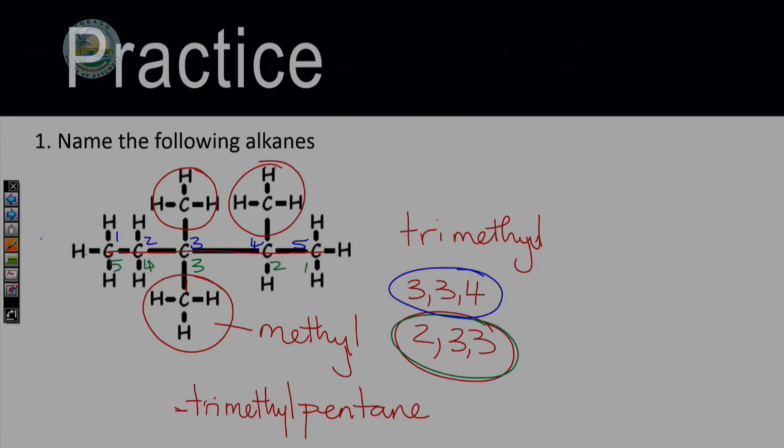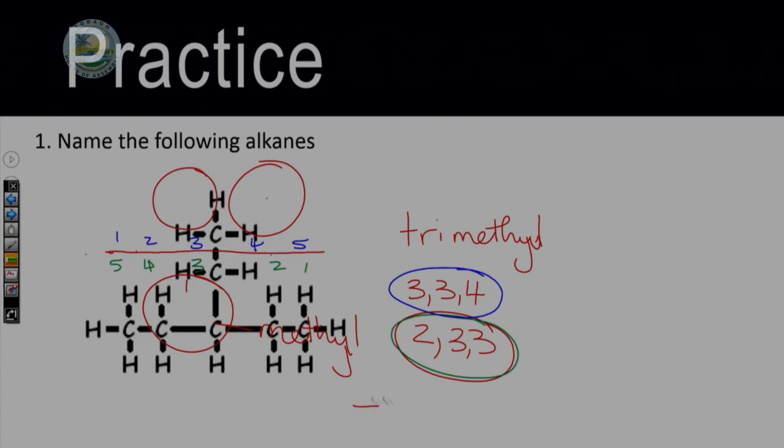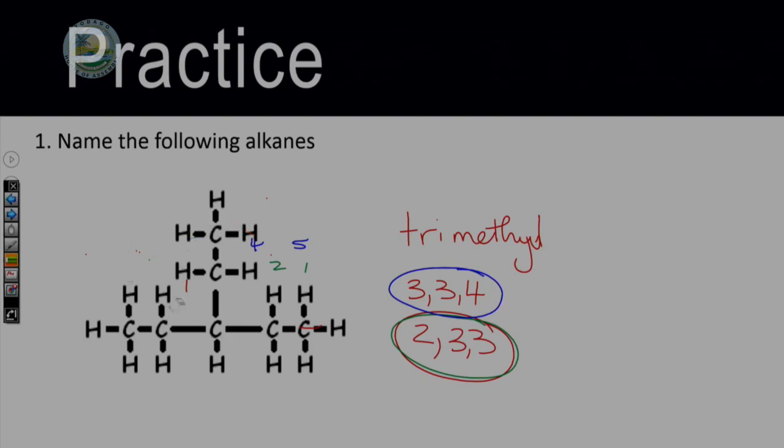As a result, our name is going to be 2,3,3-trimethyl pentane. And there we have that example. So let's try one more for the road, and then we're going to have one more example before we close off. Let's look at this one here now.